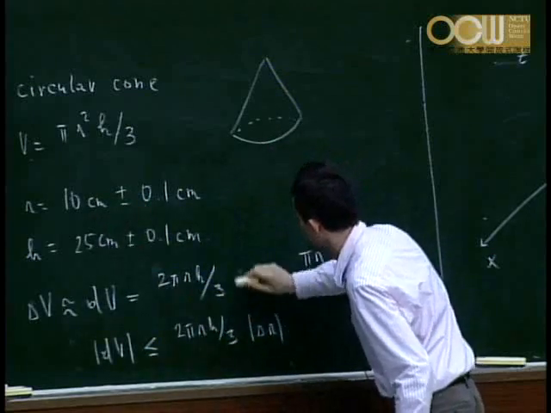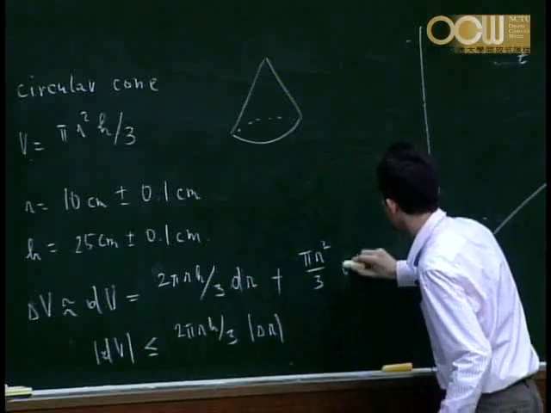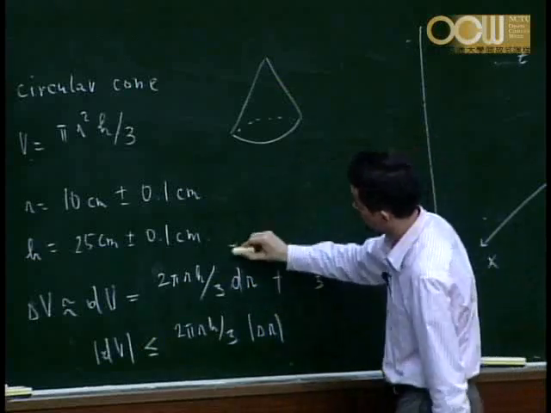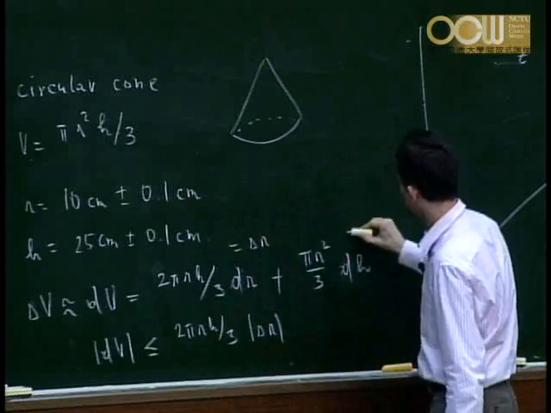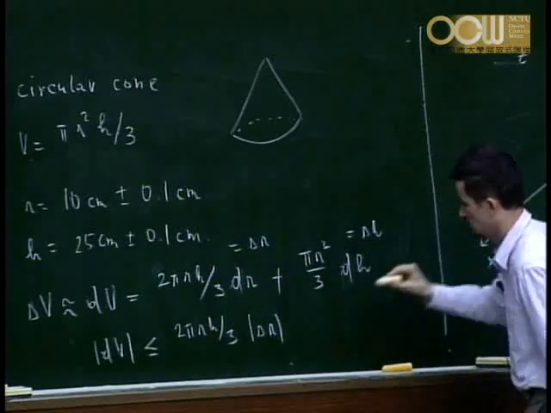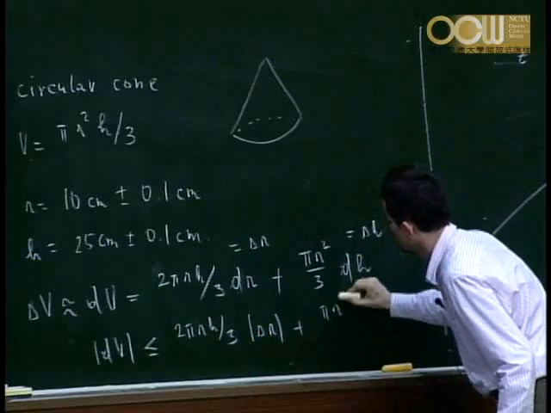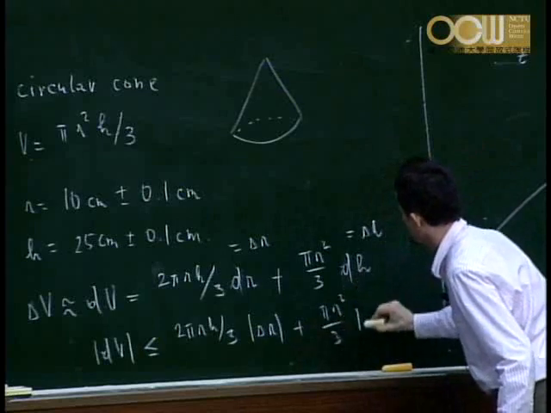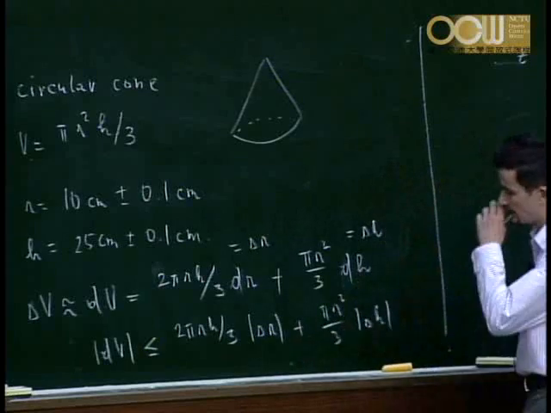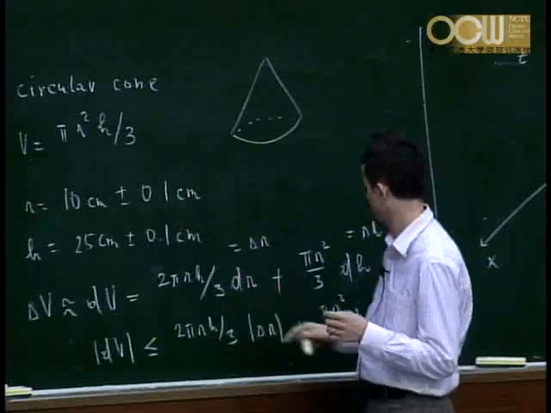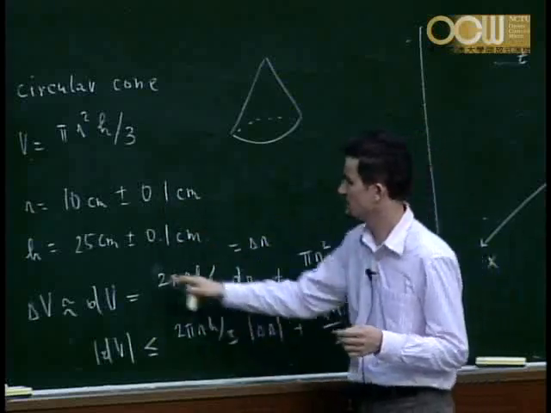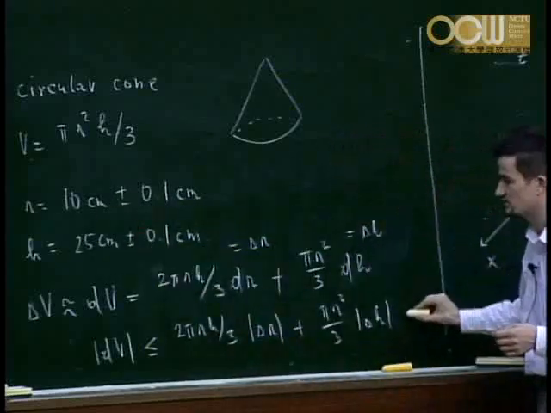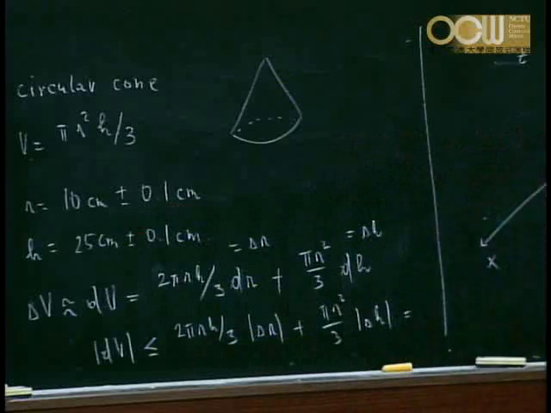Actually here I should write d, sorry, but for dr I can choose delta r, and for dh I can choose delta h. Then I have here plus pi r squared over 3, and then the absolute value of delta h. And then you plug everything in. So delta r is 0.1, delta h is 0.1. r and h are those two quantities, and you get that this is equal to something.